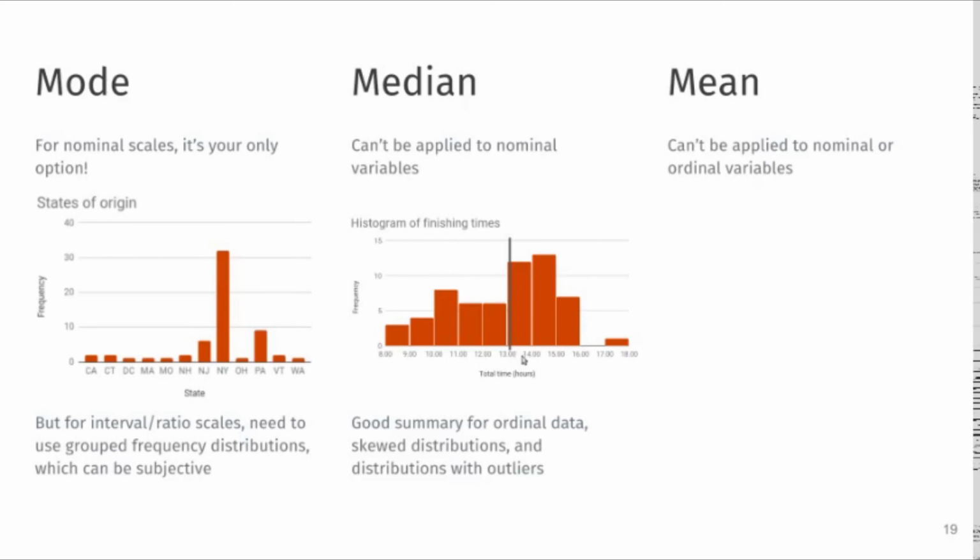If you happen to have ordinal data, the median is usually going to be your best summary for that kind of data. But even when it's not ordinal, when it is interval, or in this case ratio scale for the finishing time data, the median can be useful when you have skewed distributions.